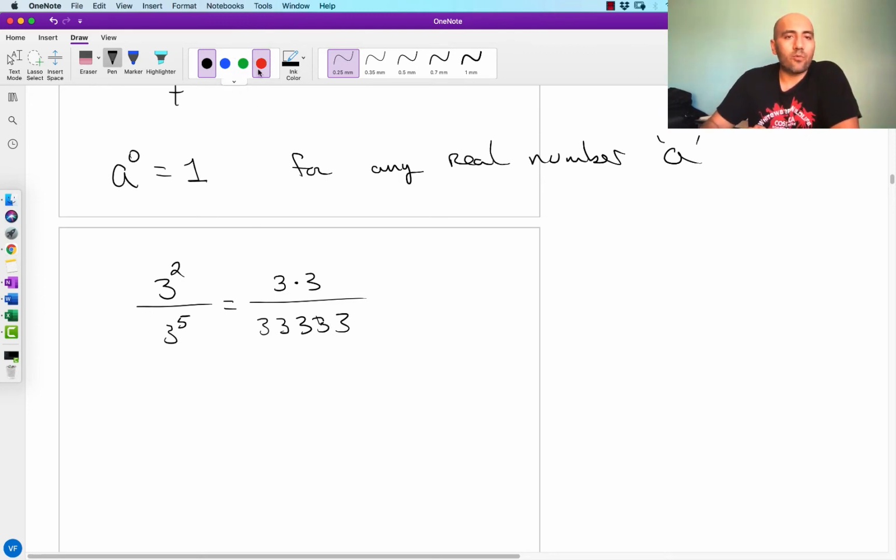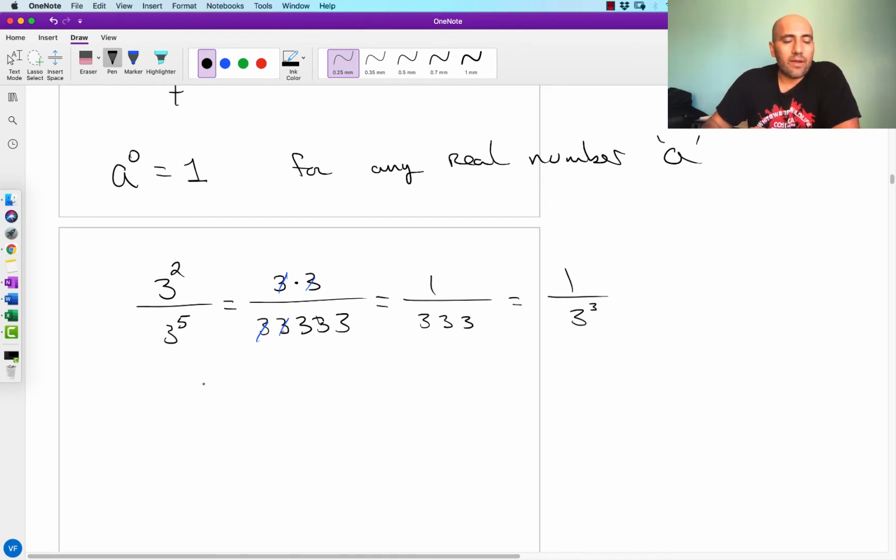And so now a few of them will cancel. This will reduce with that, this will reduce with that, and now we'll have 3 factors surviving, but they'll be in the denominator. So this is going to be 1 over 1, 2, 3, which is equal to 1 over 3 to the power of 3.